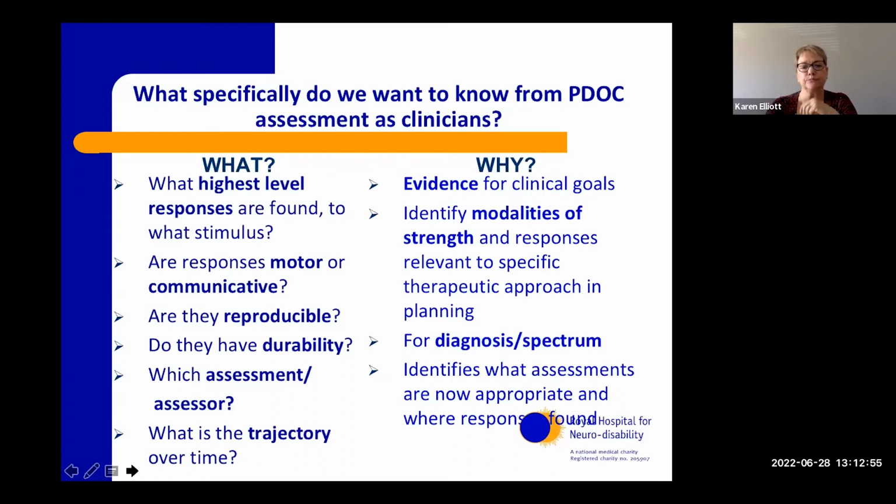The other thing that's important, and certainly was highlighted in the RCP guidelines this time round in 2020, was that really clinically we should be looking at the trajectory of patients. So what's happening with them over time? And that's being able to identify change, and whether the person's increasing in their responses, whether there's decrease or whether they're plateauing.